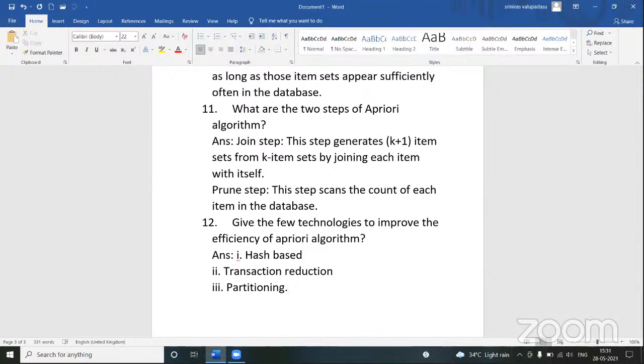Next question, define FP growth. Here FP stands for frequent pattern.